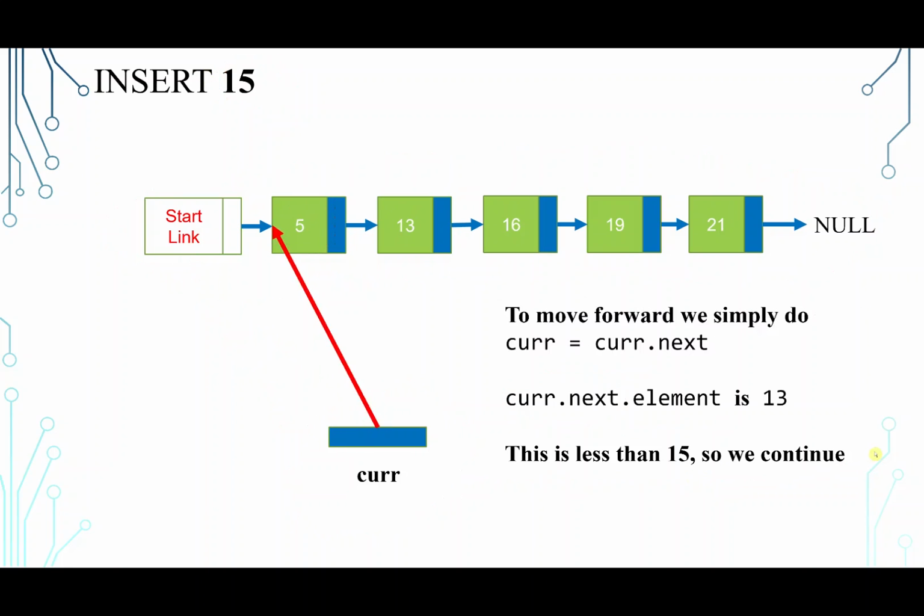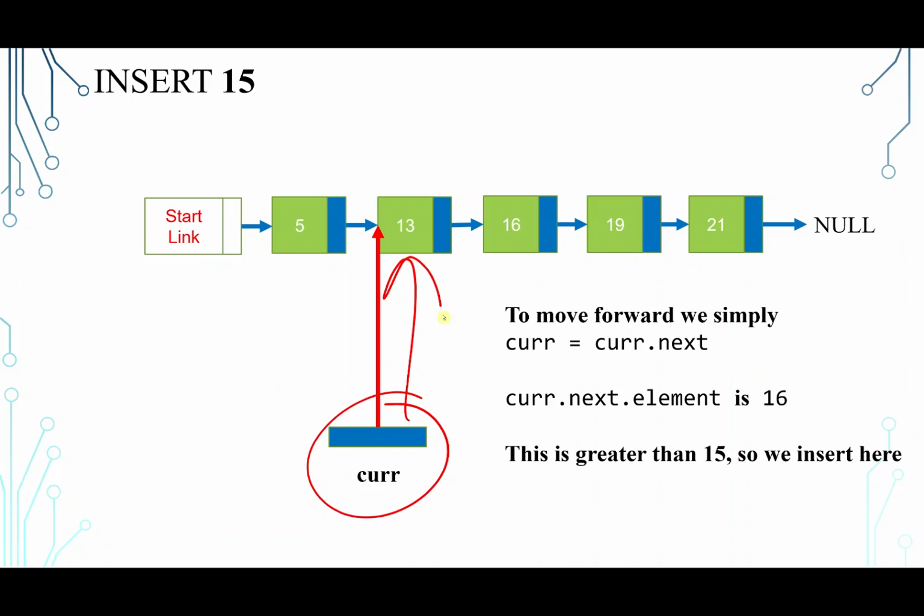We move on and check the next node's element. It's 13. Is it greater? No, not yet. It's less than 15, so we continue. Now current is pointing at this node, right, because we moved it. What is the value inside the next node? It's 16.